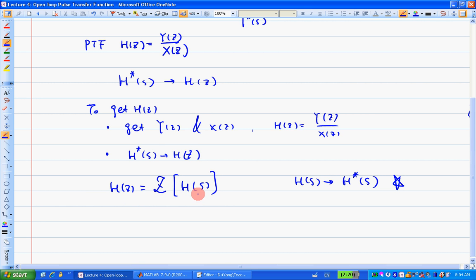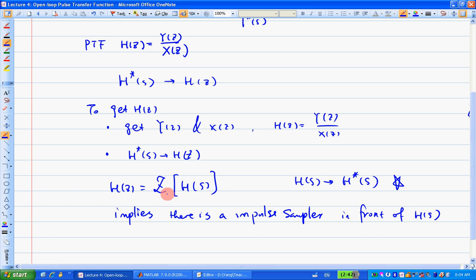But when you write this, you've got to remember one thing. When we say the z transform of h of s, what this implies is that there is an impulse sampler in front of h of s.